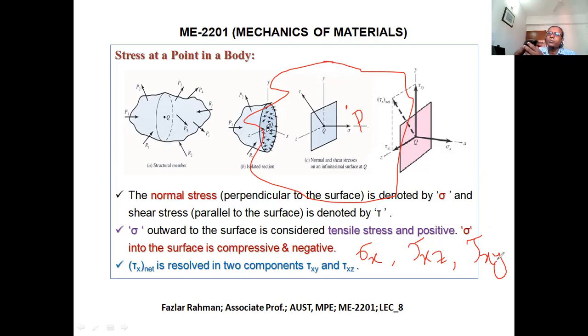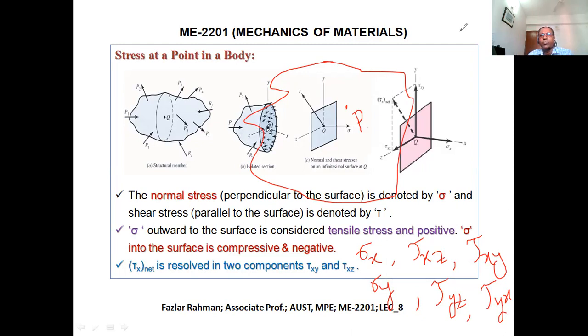Other one, if I chop it horizontally through that point, then in my vertical direction, my stress will be sigma y. Over here will be tau yz, then tau yx. So you see over here 3 stresses. How come 3 stresses? Cut like that and cut horizontally. Other, I can cut it longitudinally. So the normal stress will work along the z-axis.